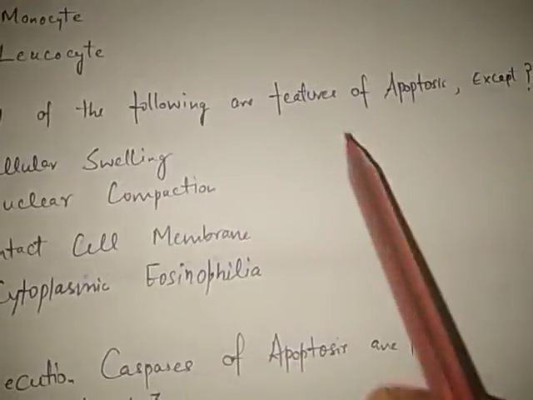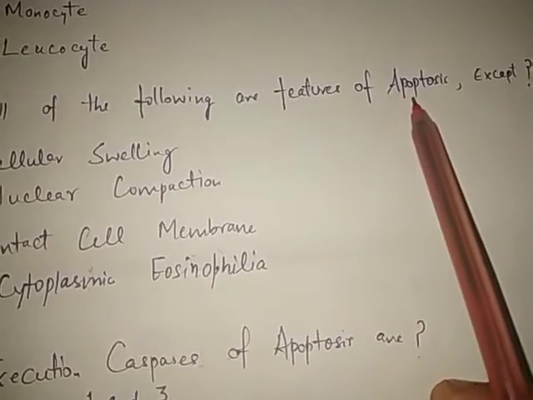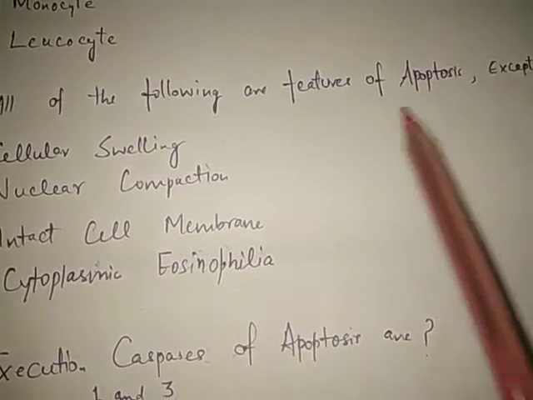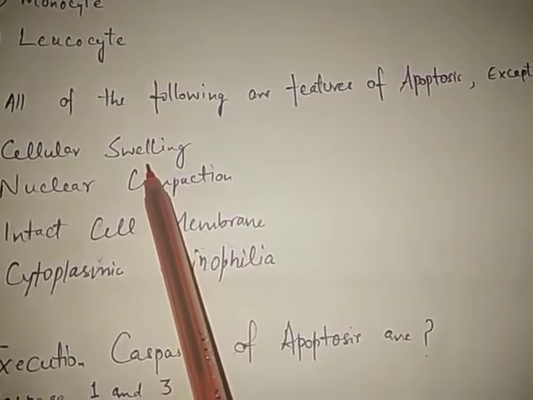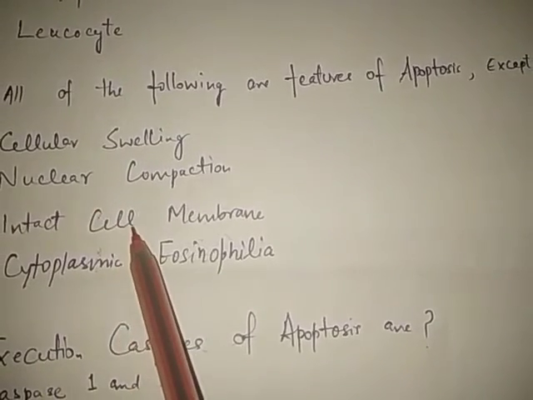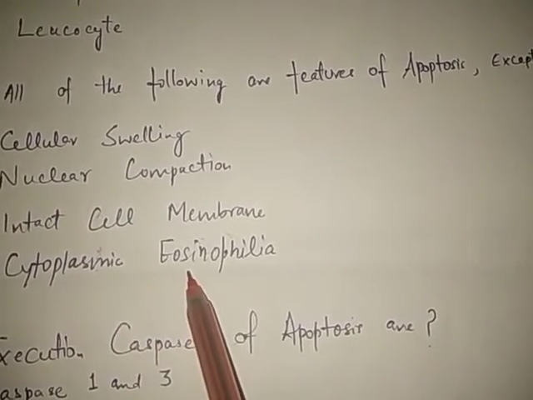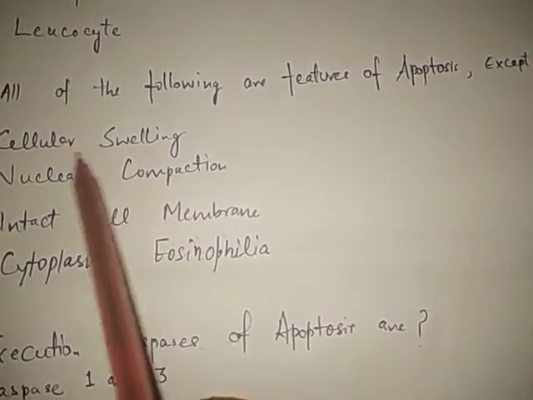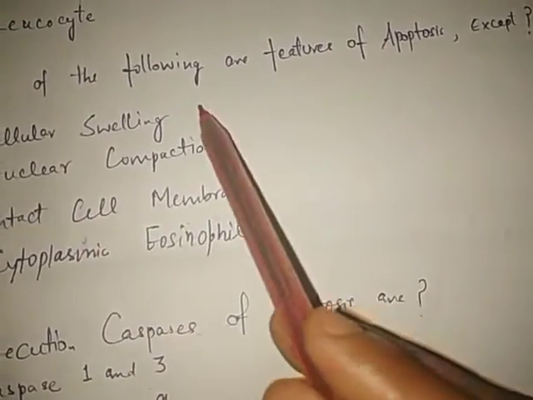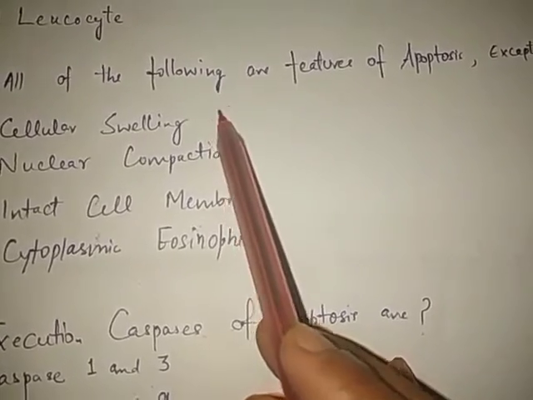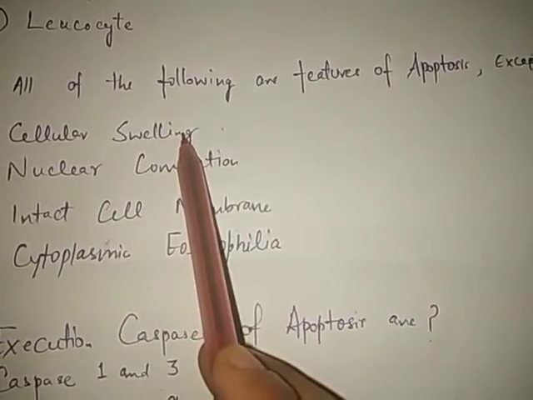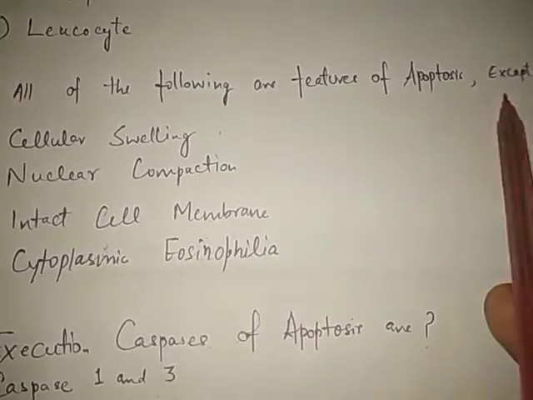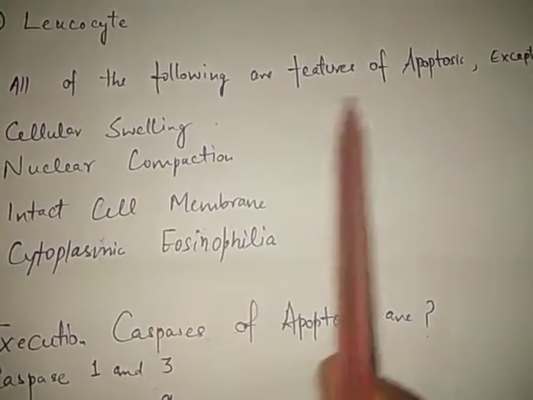Another question: all of the following are features of apoptosis except cellular swelling, nuclear compaction, intact cell membrane, cytoplasmic eosinophilia. Cellular swelling, I told you, is a feature of necrosis, so it is the right answer, since the question is asking except. Nuclear compaction is a feature of apoptosis.